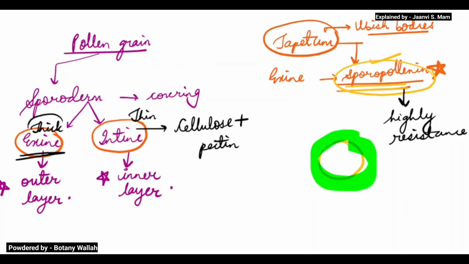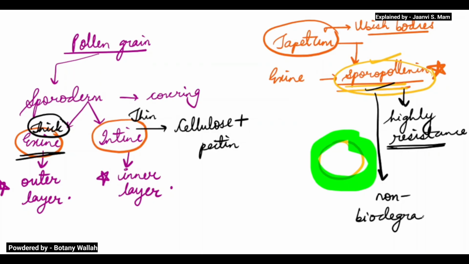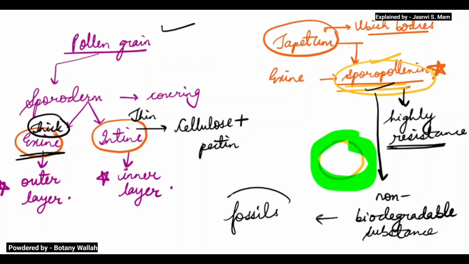Exine is thick and has high resistance because of sporopollenin, which is a non-biodegradable substance. So you can store these pollen grains and they can act as fossils because of this chemical.